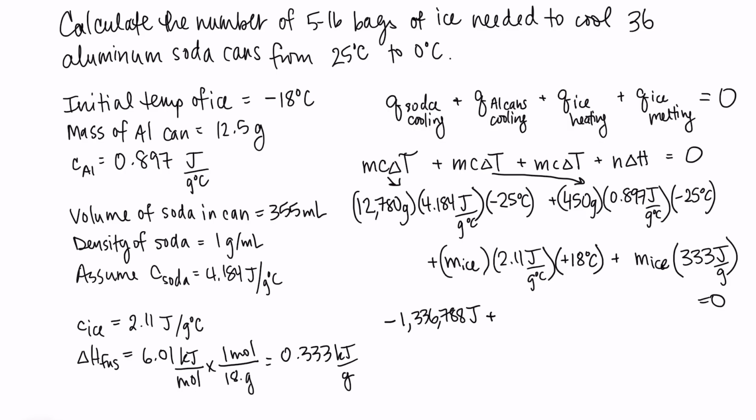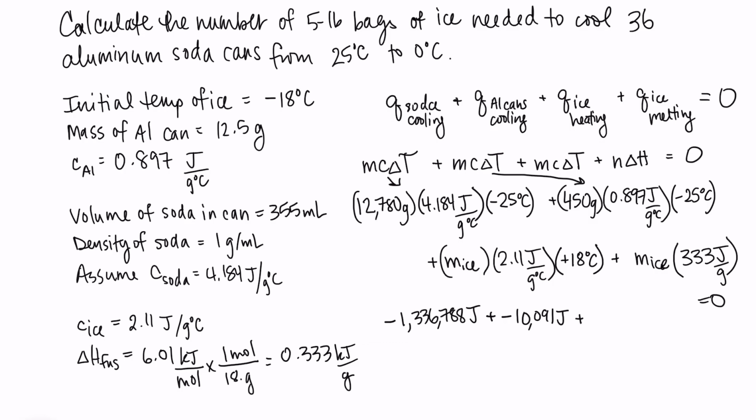And then I have 450 grams times 0.897 times minus 25, and that gives me negative 10,091 joules for my aluminum cans.